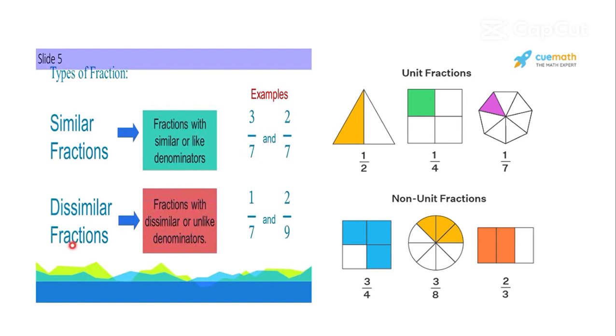Dissimilar fractions, or unlike fractions, do not have the same denominators, like 1 over 7 and 2 over 9. You have different denominators, which are 7 and 9. That is why they are dissimilar fractions. Remember this because when we add and subtract fractions, we need these two definitions.